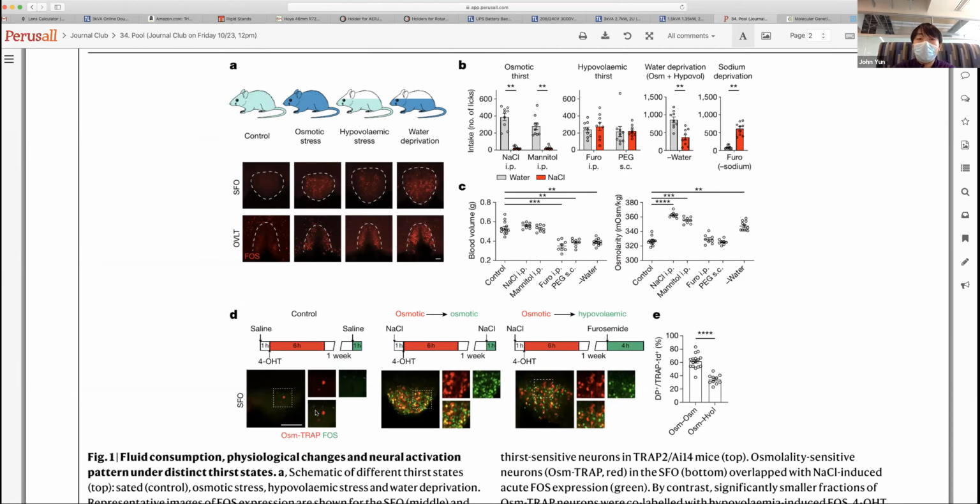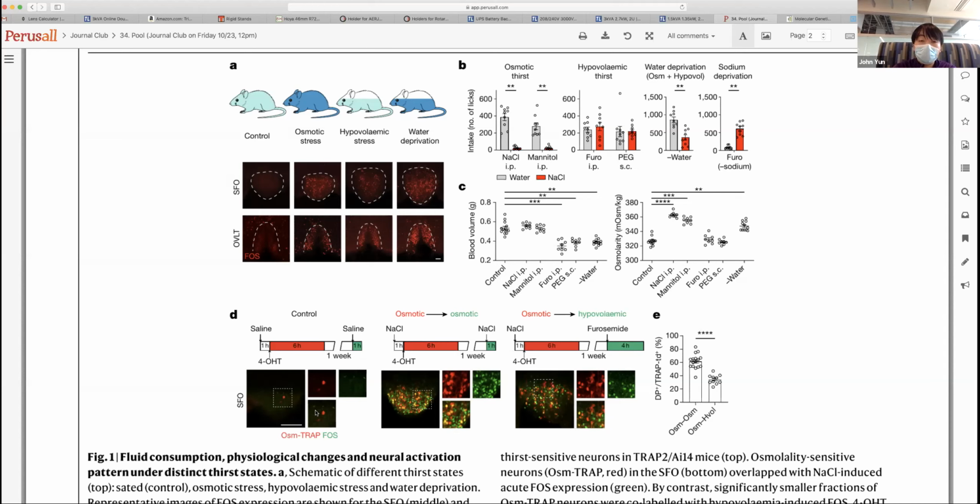In panel A, they are looking at the different FOS expression across the SFO and the OVLT, which are the 2 areas that are involved in perceiving thirst. And so that's the different FOS expression.